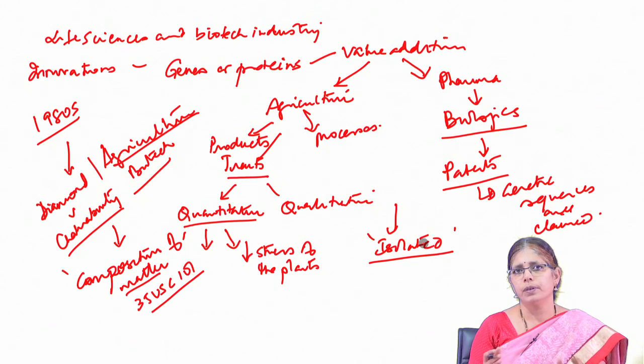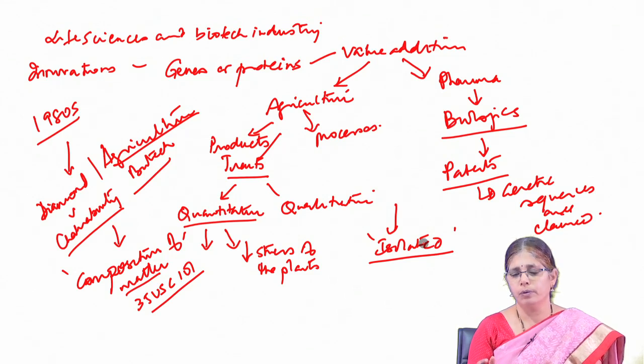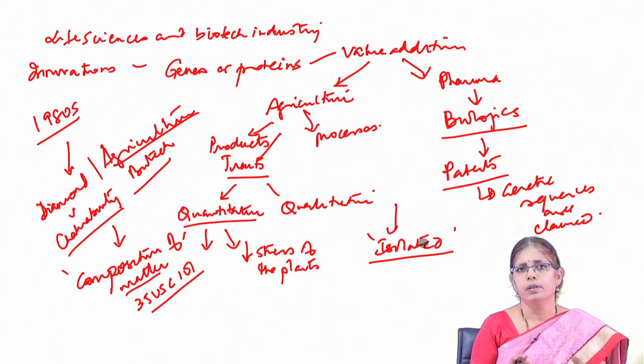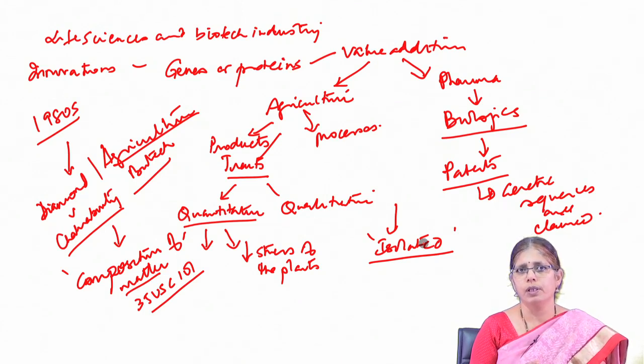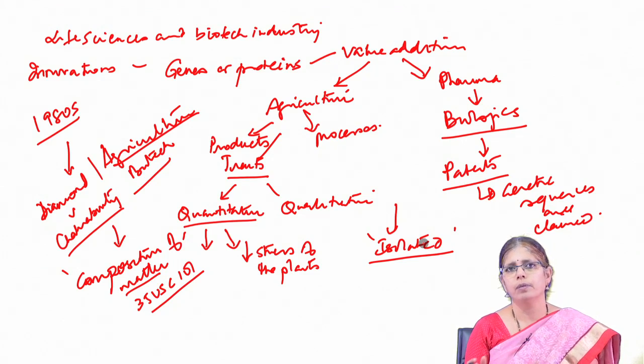Such is the importance of this area that today there is also a patent called minimal genome, which is the artificially created genome in relation to one of the smallest microorganisms.